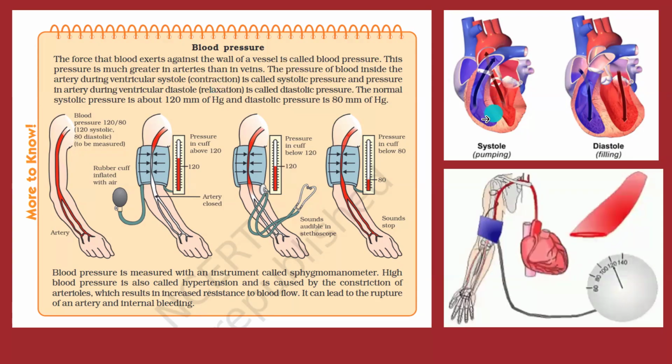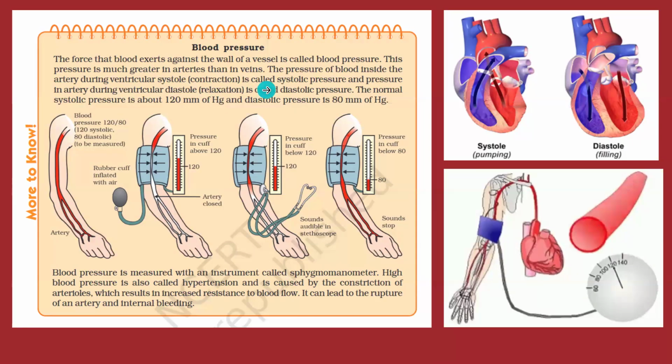Now you tell me, whenever ventricle contraction takes place, is the pressure on the arteries very high or low? The contraction is pushing down on the ventricle side, so definitely it is high, and the systolic pressure is 120 mm of Hg.